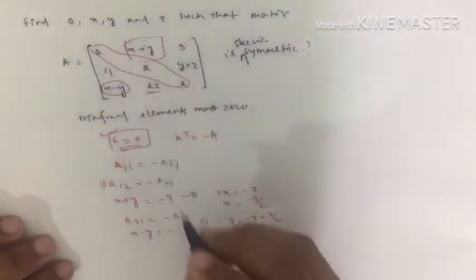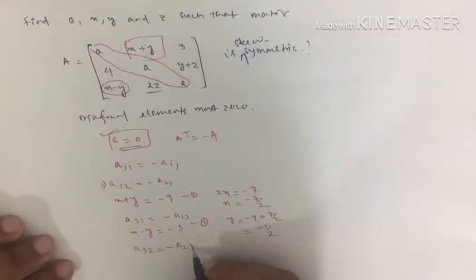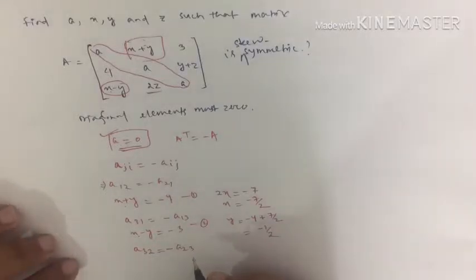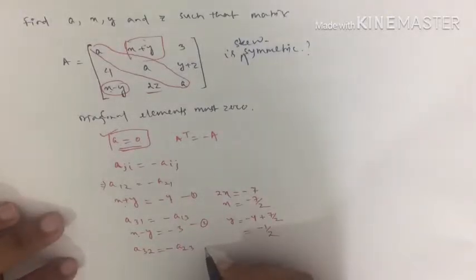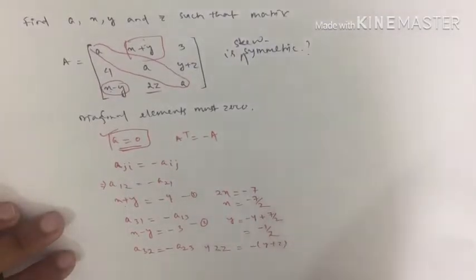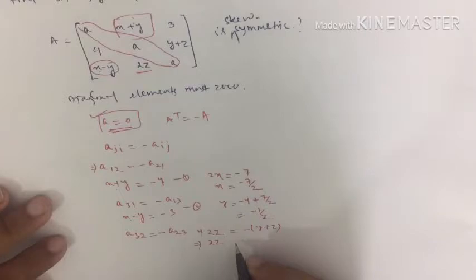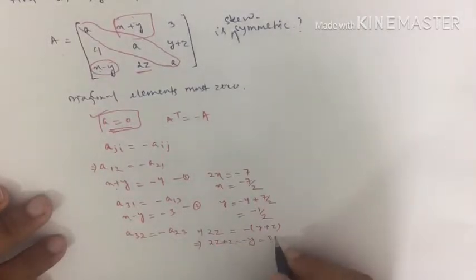And finally, this element is nothing but a32 equals minus a23, obviously. So if you equate it, a32 is your 2z equals your minus y plus z. If you open this, you will get 2z plus z equals minus y, which is 3z equals minus y.